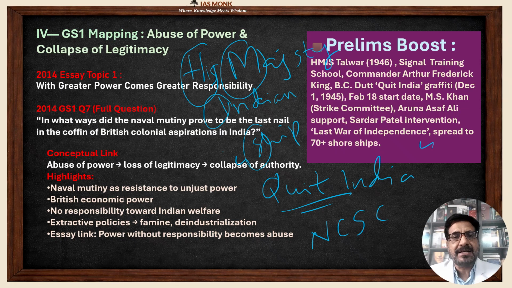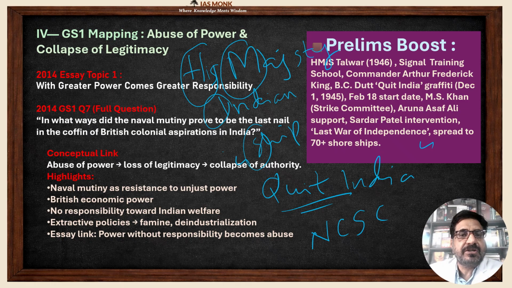Hindu and Muslim sailors jointly hoisted the tricolor, signaling that the British no longer commanded loyalty even within the armed forces. The strange thing, of course, it was quite natural: no political leader at that time supported this mutiny except the Congress leader Aruna Asaf Ali.